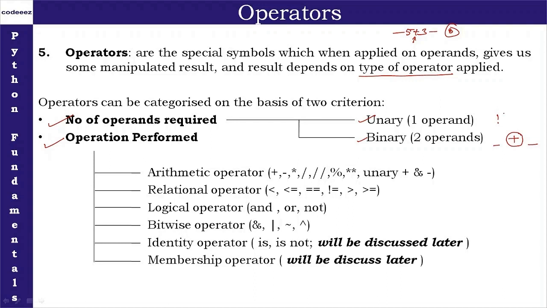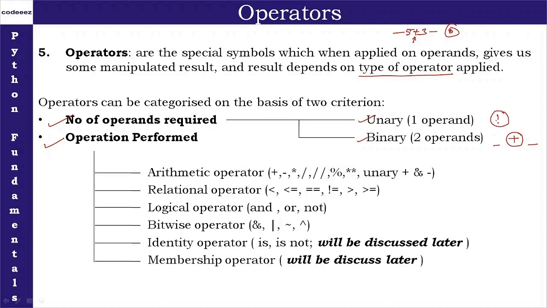This NOT operator works on only one operand. It simply reverses the result. If it is true, it will return false. If it is false, it will return true. We will discuss this NOT operator later in the section on logical operators. So these are the two types of operators categorized on the basis of number of operands, unary and binary.